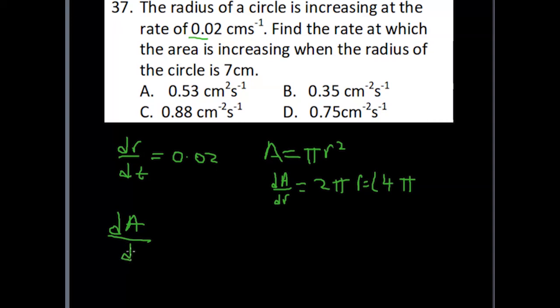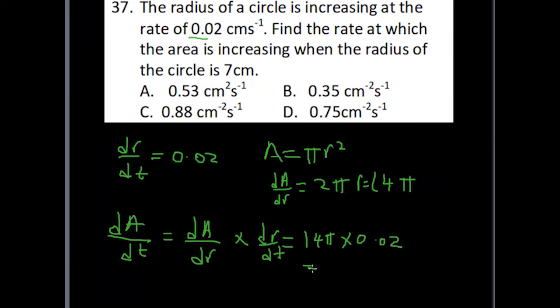That's dA dt, which is dA dr times dr dt. Which makes it 0.88, and this is the correct answer.